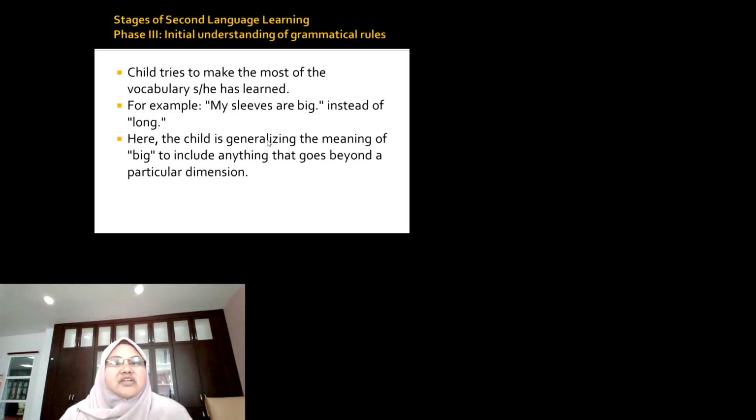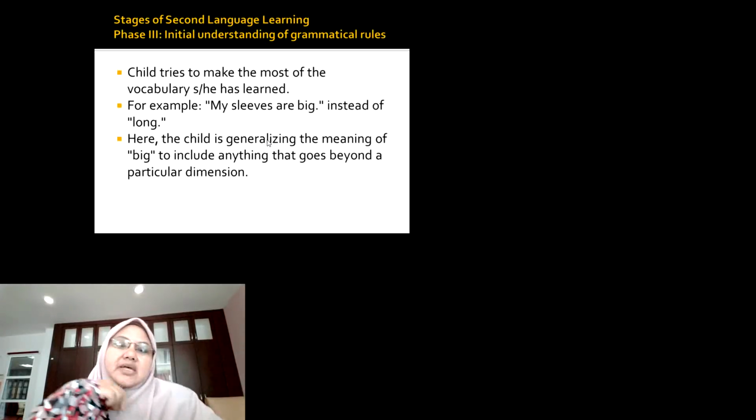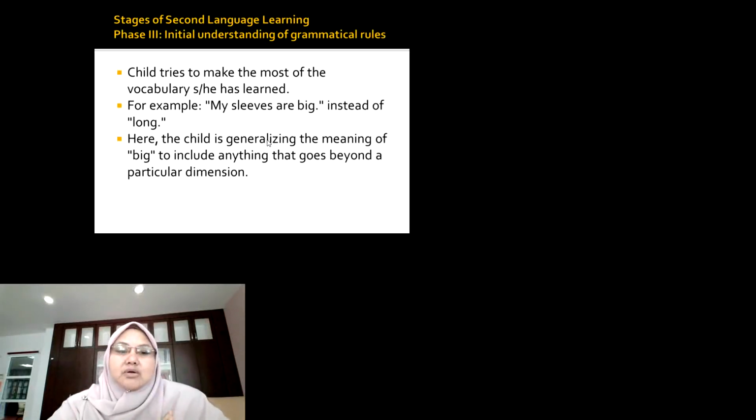And also at phase 3, the child tries to make the most of the vocabulary that she has learned. This is when they are experimenting with the language. For example, they can say "my sleeves are big" instead of long. Here the child is generalizing the meaning of big to include anything that goes beyond a particular dimension.